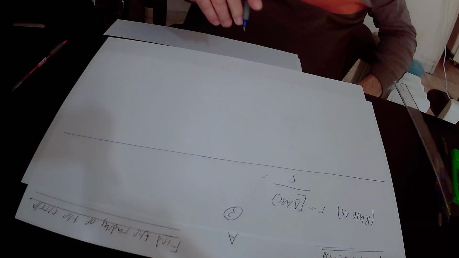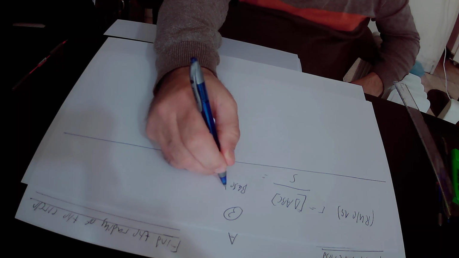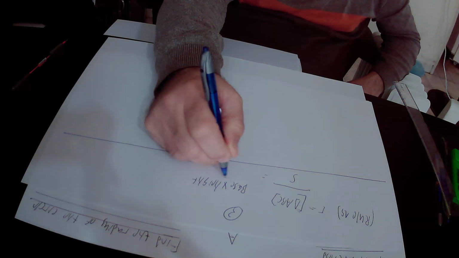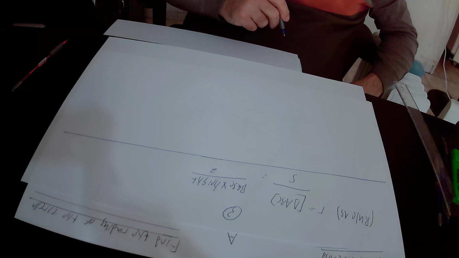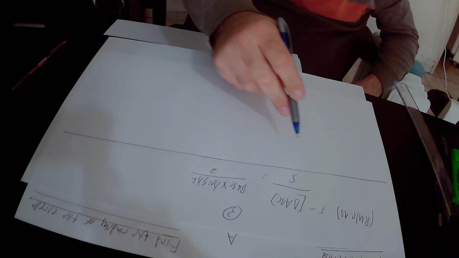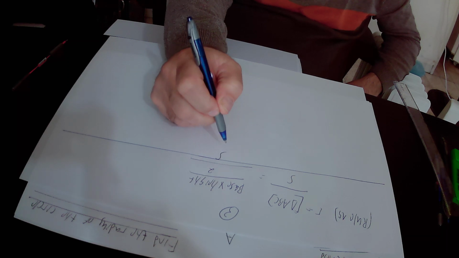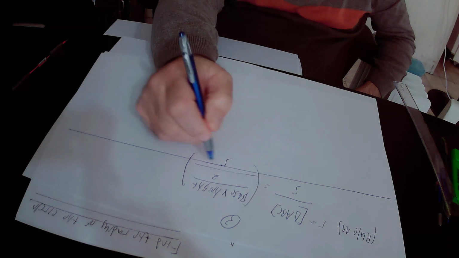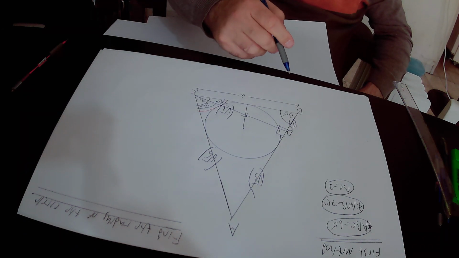The area of any triangle equals the base of the triangle times the height to the base over 2. And we have to divide it by S, that is the semi-perimeter of the same triangle. So, we'll choose the base of triangle ABC to be AB.